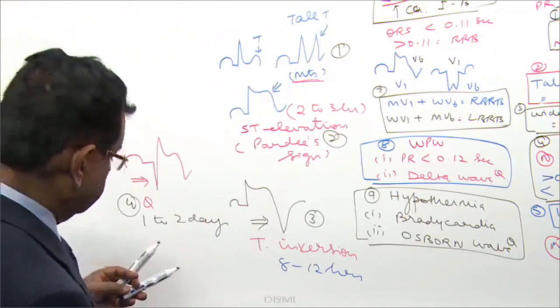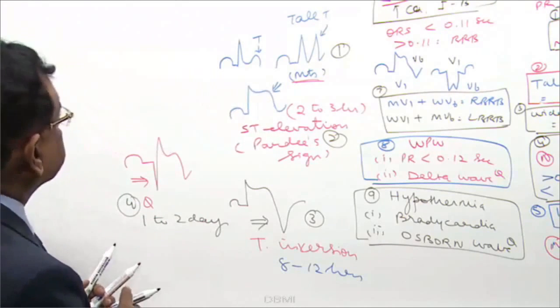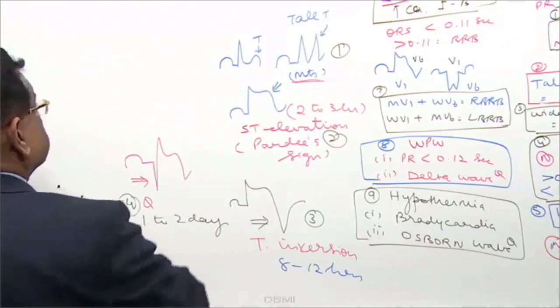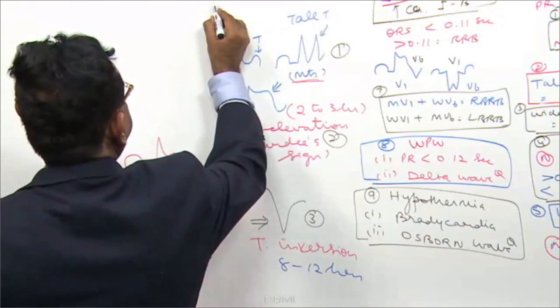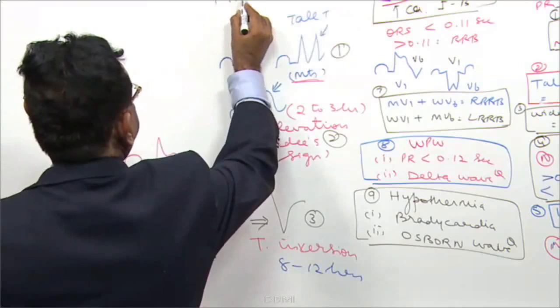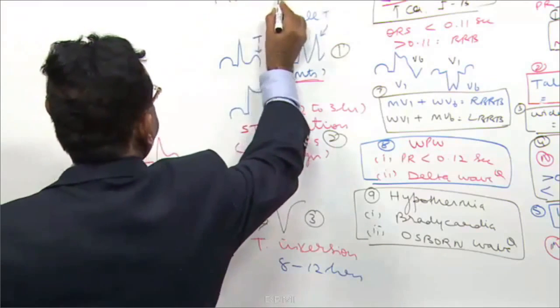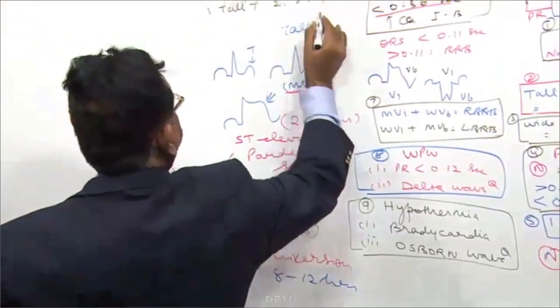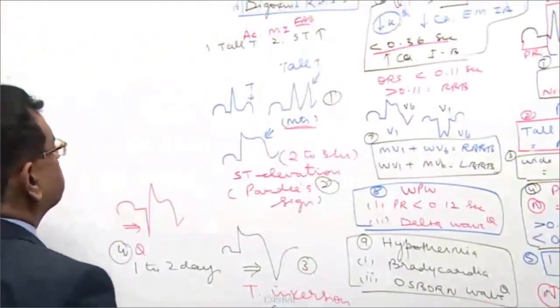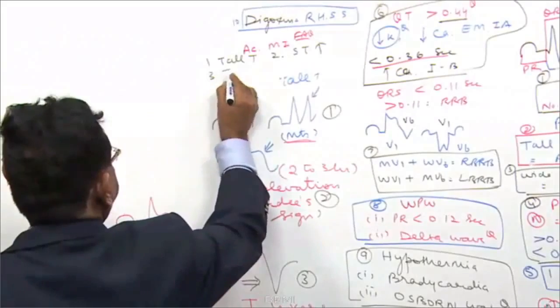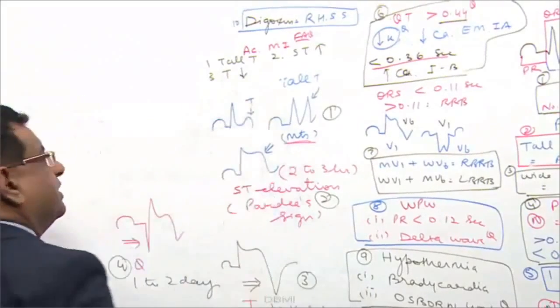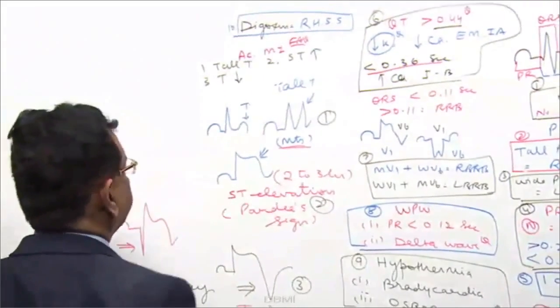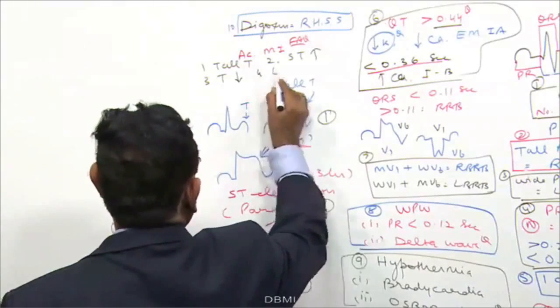So friends, we can make a box like this. Acute MI. The first finding is tall T. Second is ST elevation, upward arrow is elevation. Third, T inversion, down is inversion. And the fourth is Q wave.